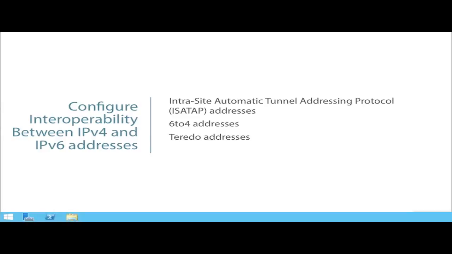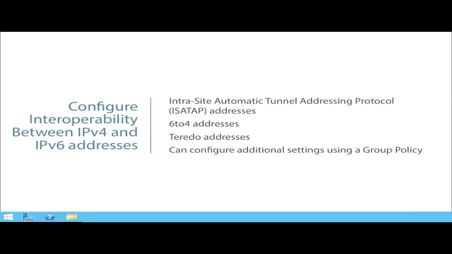ISATAP automatically configures its addressing, which we've seen and we went out to take a look at. 6-to-4 addresses use IPv4 public addresses to talk on an internet, and we don't have to do much for that. And Teredo, same thing. Now, there might be some additional configuration information that you need to configure for your network that your network team would like regarding these particular protocols.